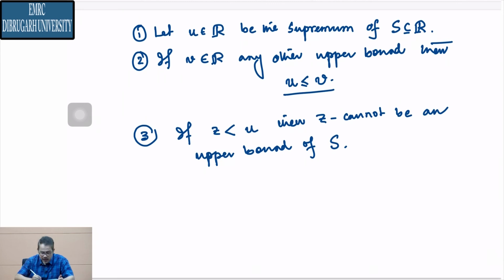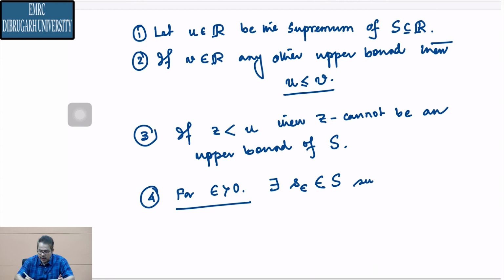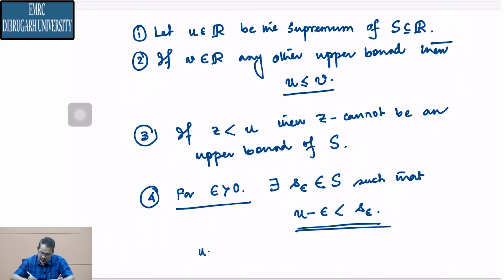which is again equivalent to, for epsilon greater than 0, there exists some s epsilon in the set S such that U minus epsilon, which is smaller than U, is less than s epsilon. That is, U minus epsilon is smaller than U. This is actually our Z in this statement.